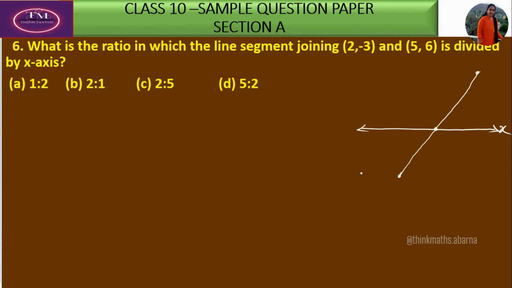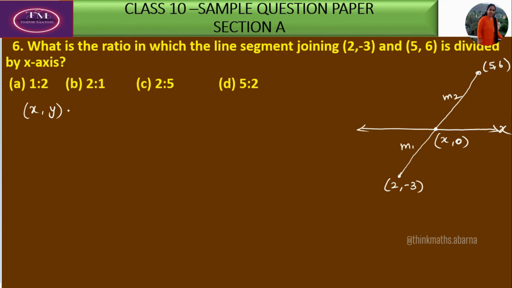So there is a point here. The point on the x-axis will be (x, 0), because the y coordinate will be 0 on the x-axis. So this point will be (x, 0), and this point is given as (2, -3) and this is the point (5, 6). The ratio is m1 : m2. So what is the formula?